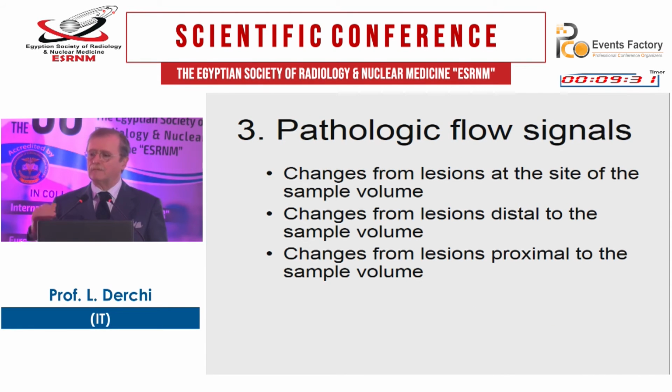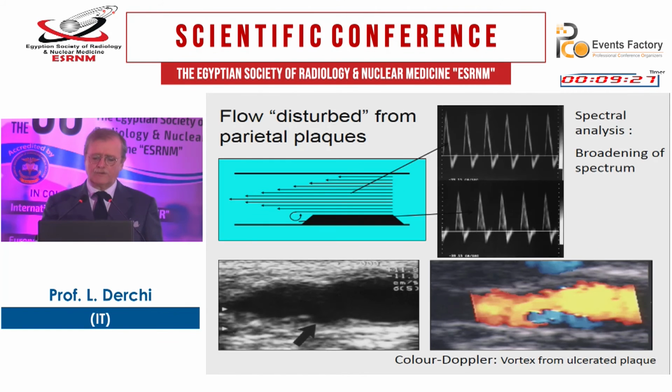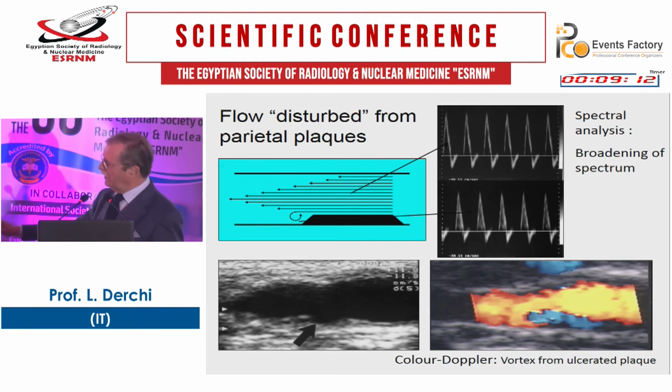And now, pathologic flow signals. Flow is disturbed by parietal plaques. There will no longer be a parabolic regular flow because plaques disturb it. Then you see here on the bottom right a vortex which is created by an ulcerated plaque.